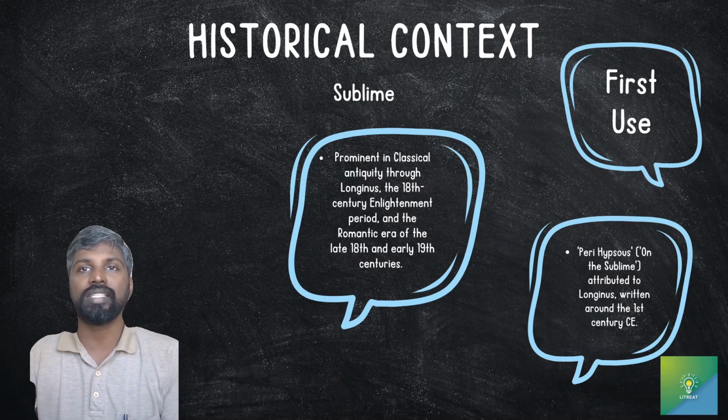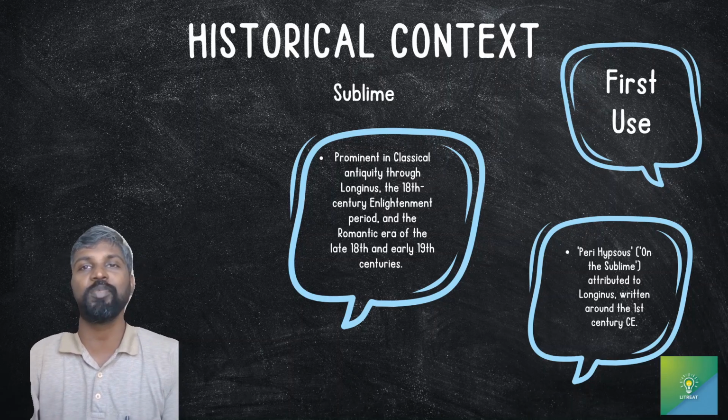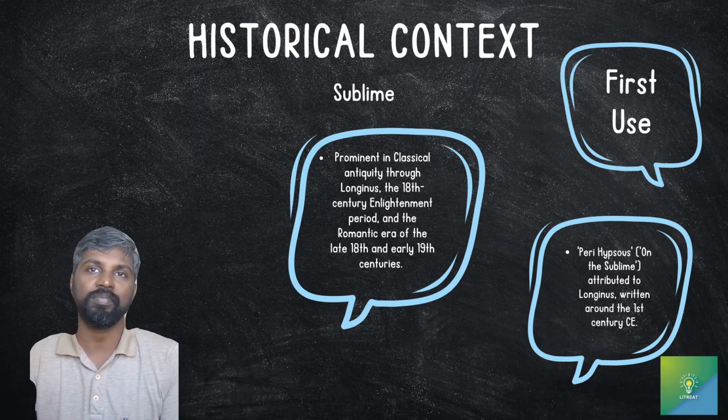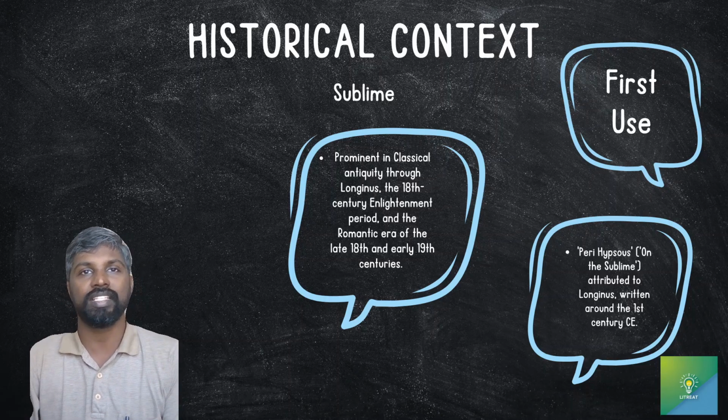The earliest systematic treatment of the sublime appears in Peri Hupsous, On the Sublime, attributed to Longinus, written around the 1st century. This Greek treatise was rediscovered during the Renaissance and gained immense influence after Nicolas Boileau's French translation in 1674.